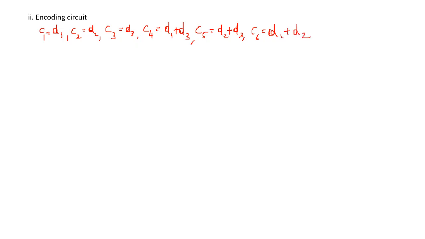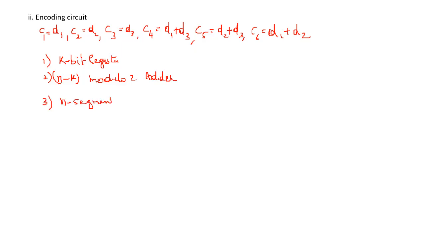Now the encoder circuit basically will have 3 components. The first one will be a k-bit register. The second one will have n minus k modulo 2 adders, and the last component is an n segment commutator.